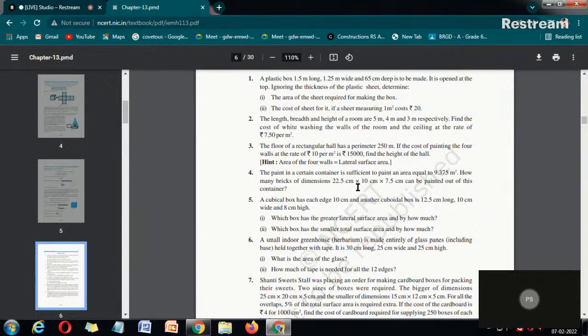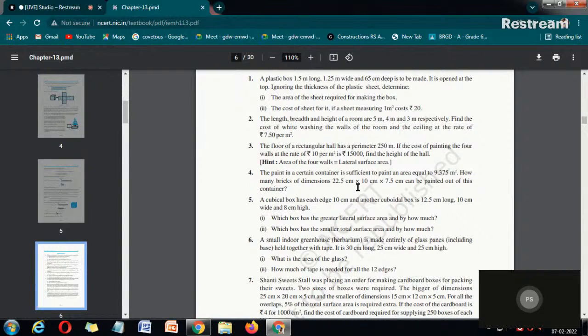L is 22.5 into 10 plus 10 into 7.5 plus 7.5 into 22.5. Then we'll get some particular answer. Just a second. The answer we get will be 937.5 centimeter square. When we convert it into meter square, it will be 0.09375 meter square. Clear?